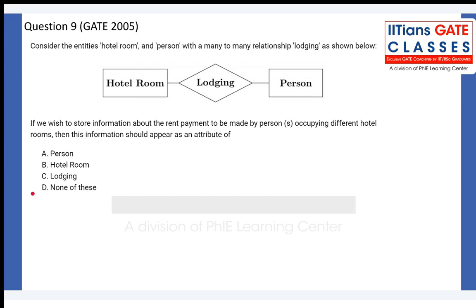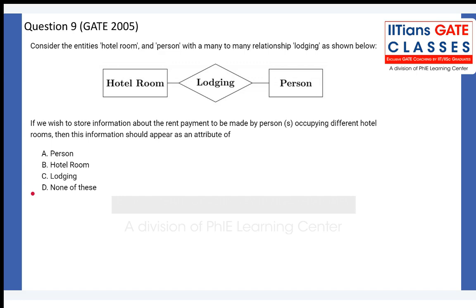Lodging means renting a room; it books a hotel, it rents a room. So the rent payment associated with the room, do you want to place it in the hotel room? Do you want to place it in the person? Or do you want to place it in the relationship? The rent payment, is it part of the relationship? Do you guys agree to this?